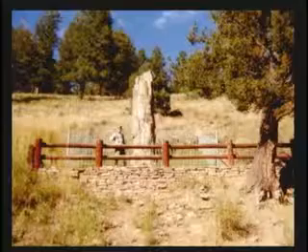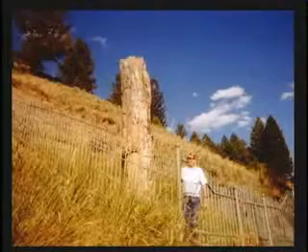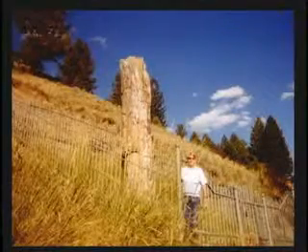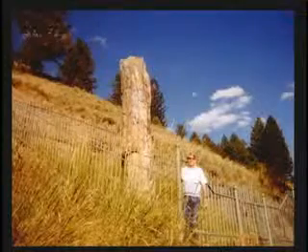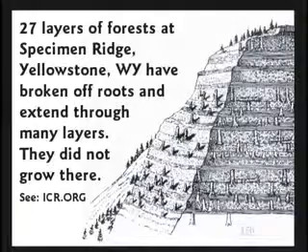The standing petrified trees in Yellowstone National Park are very interesting. There's one place, when I was up there, you can see me standing next to one here, where there are 27 consecutive layers of petrified trees standing up. The evolutionists have always said, see, these trees average 500 years old apiece, because they count the rings in the petrified wood.